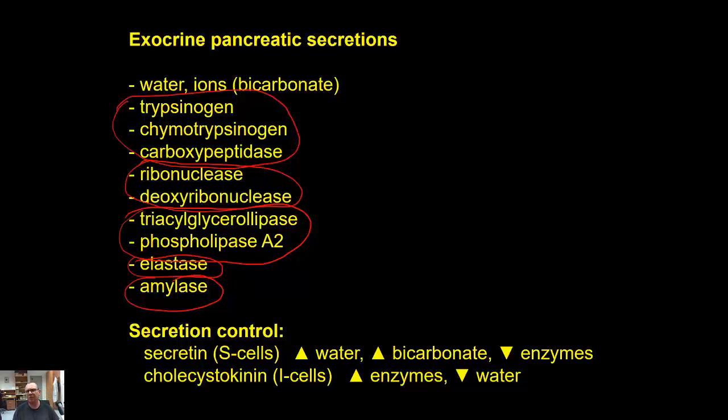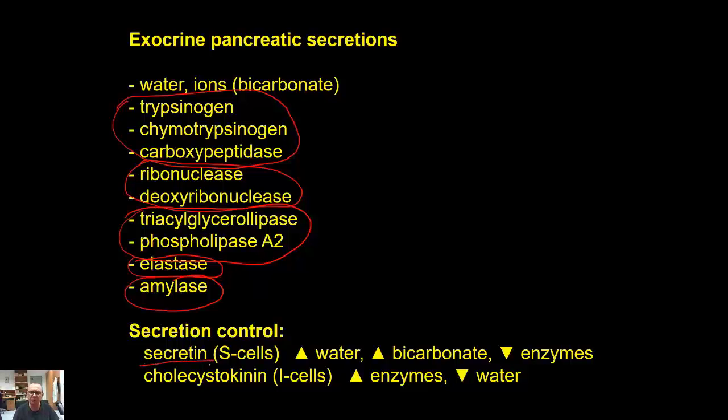Intestinal enteroendocrine cells secrete some hormones which influence acinar cells, and the resulting composition of the secretion depends on the equilibrium between several hormones secreted by enteroendocrine cells. Here are just examples.